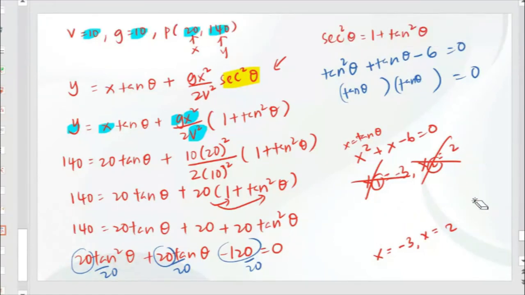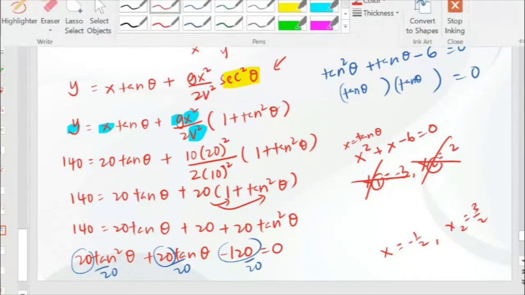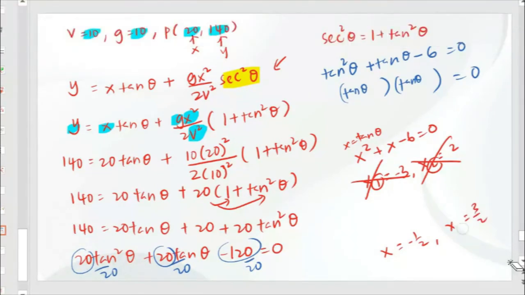So another one. How about if you get the answer? You press your calculator, you press ABC, then you get the answer in this form. X1 equal to negative 1 over 2, then X2 equal to 3 over 2, for example. You don't write X1, X2. So this is your final answer. Then how are you going to write the factorizations form? Is it x plus 1 over 2, x minus 3 over 2 like this?